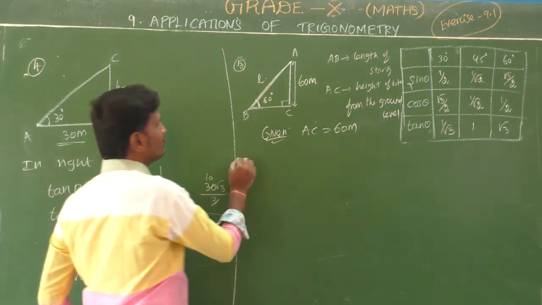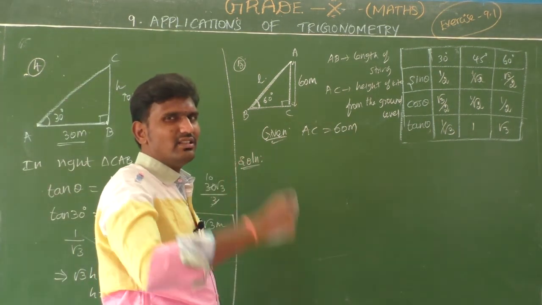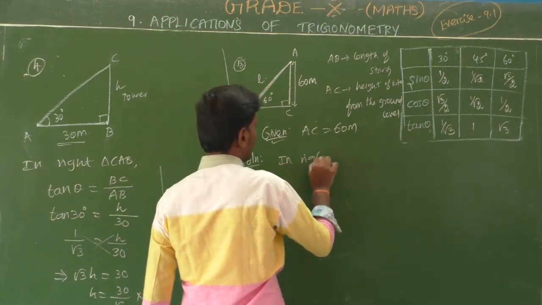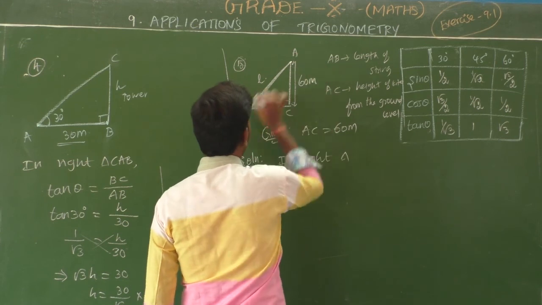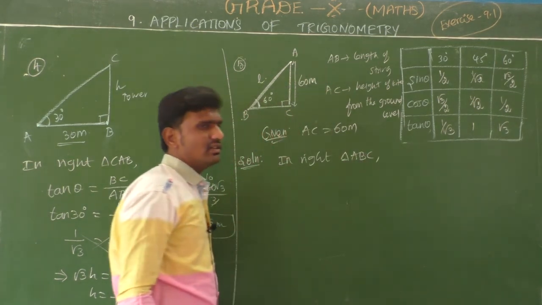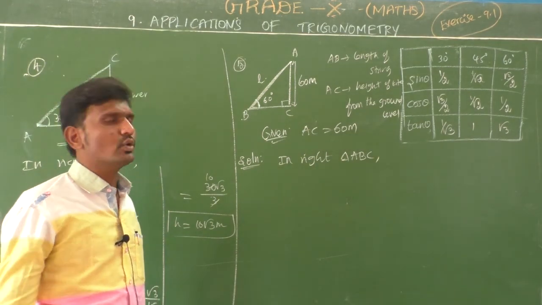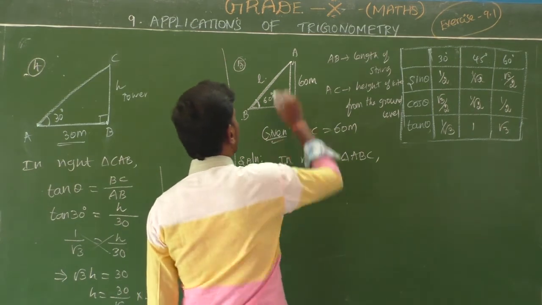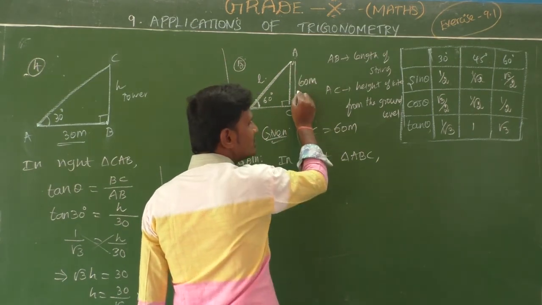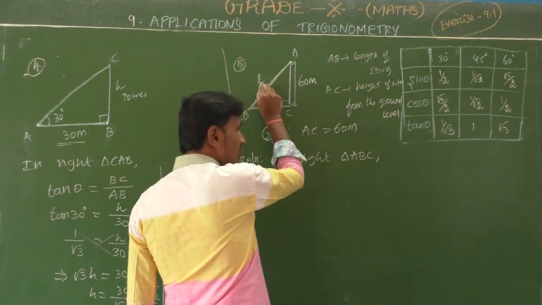Now I am going to find the length of the string. In right triangle ABC, whichever names you are comfortable with, ABC, PQR, anything you wish. In right triangle ABC, this is the opposite side, and this is the hypotenuse. That's only we are going to find.